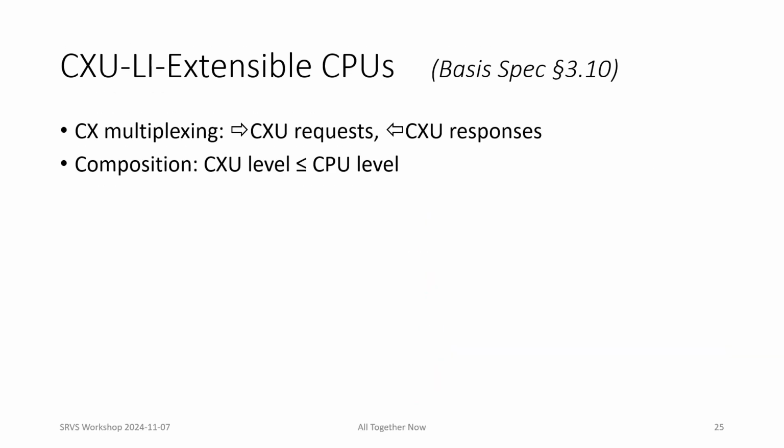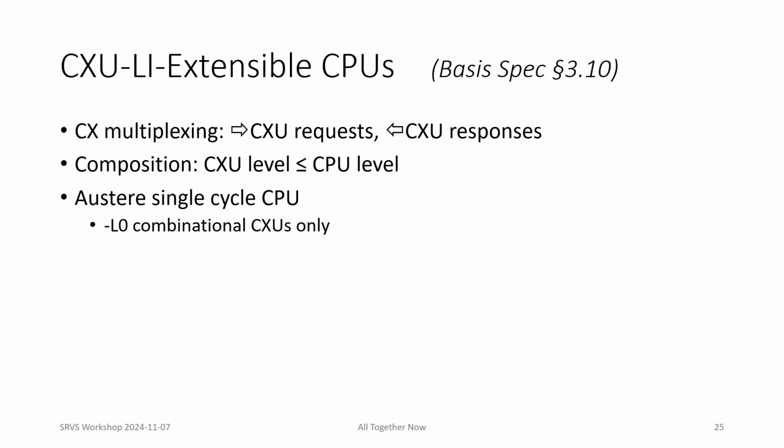CXU-LI compliant CPUs implement CX multiplexing, issuing custom instructions as CXU requests and accepting CXU responses back. The CPU's CXU level will cap which CXUs may be composed with it.